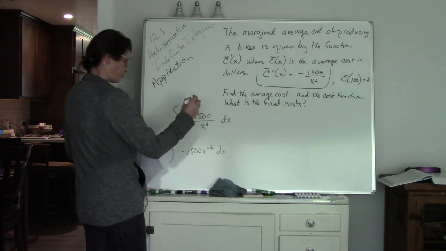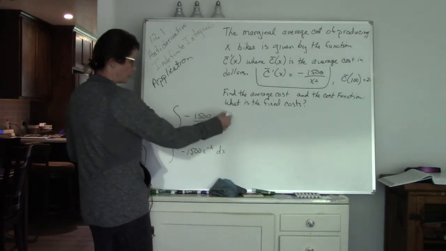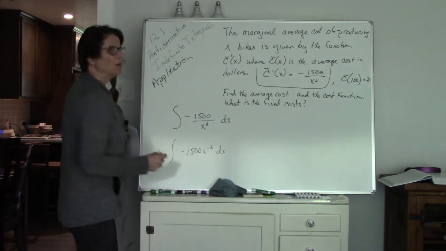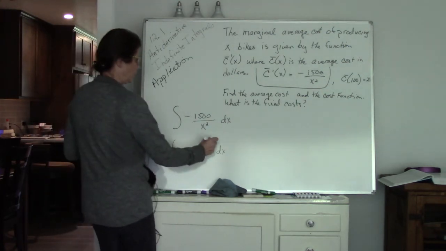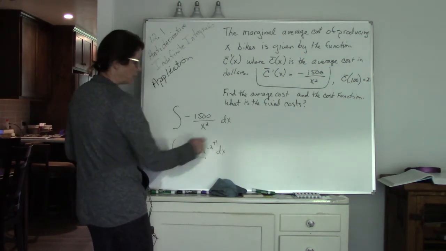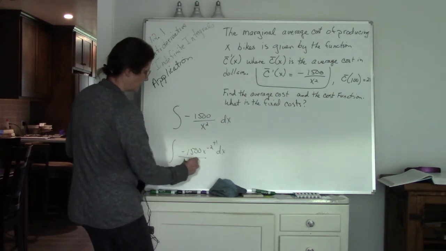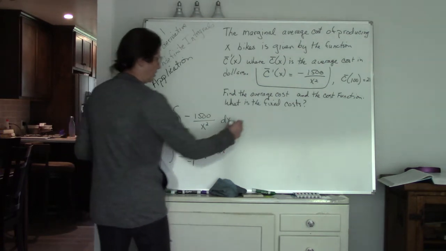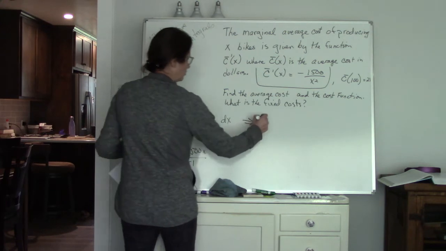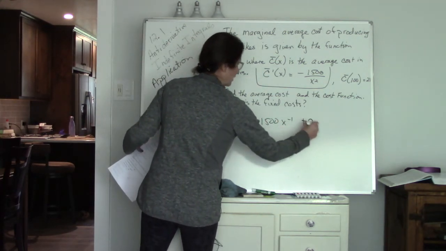And again, the dx is just a notation, saying in terms of x. Now, finding the antiderivative, we add 1 and then divide by the new exponent. Negative 2 plus 1 is negative 1, so we divide by the new exponent. It turns into positive 1500 x to the negative 1 plus c.